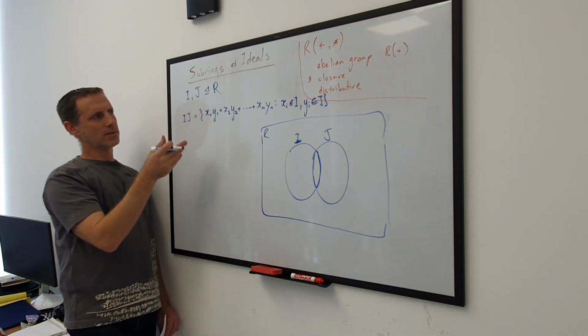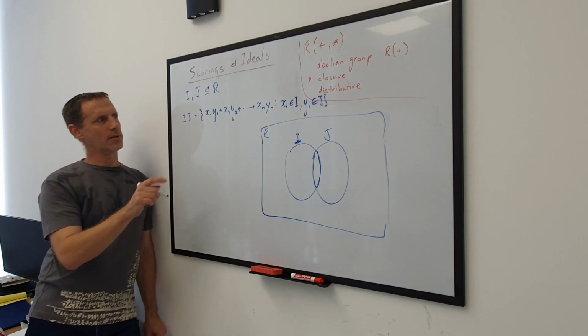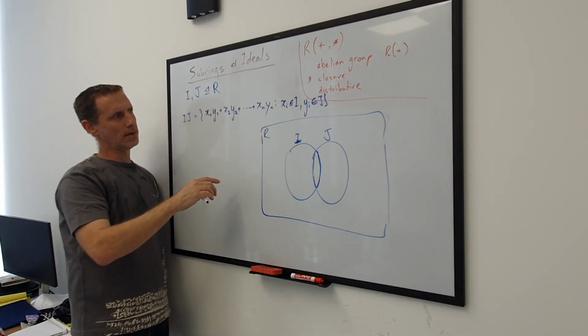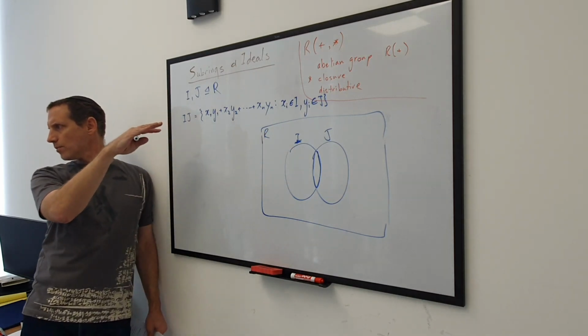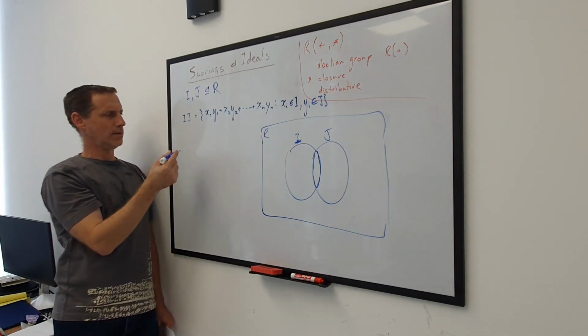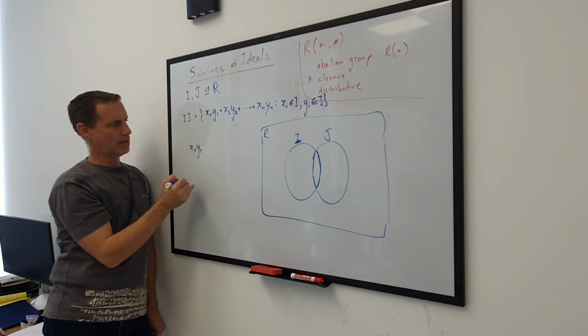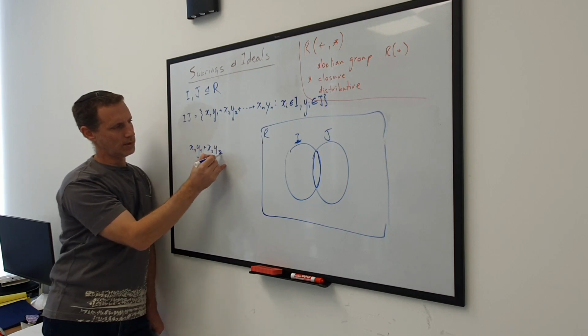So I think what's really interesting to check is whether I take something from here and multiply it by anything from here, do I go back into this format? And again, I can do it, because I can take x1 y1 plus x2 y2, and we'll just leave it at that.